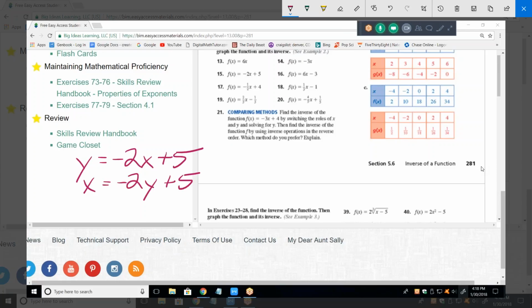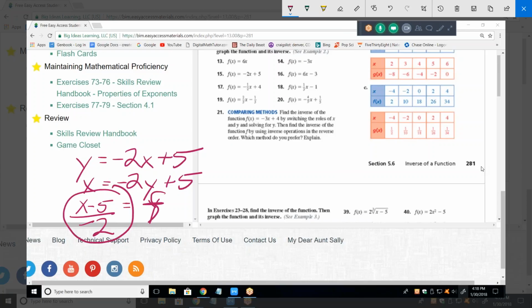And third step is to solve for y. So what's the first step in solving for y? Subtract 5. Okay. And then what are you going to do after that? Divide by negative 2. There you go. That's your inverse.